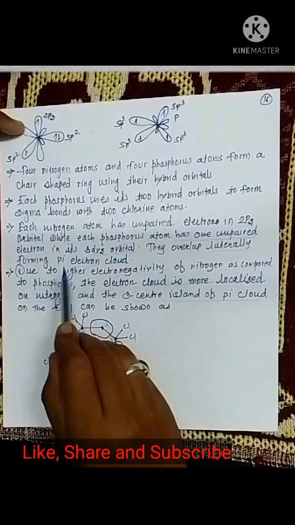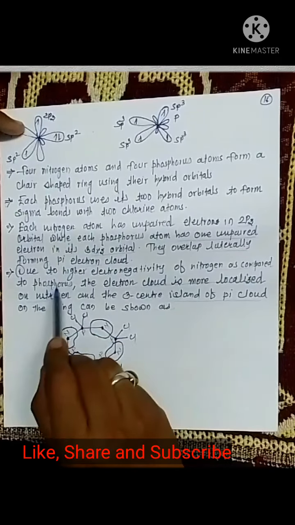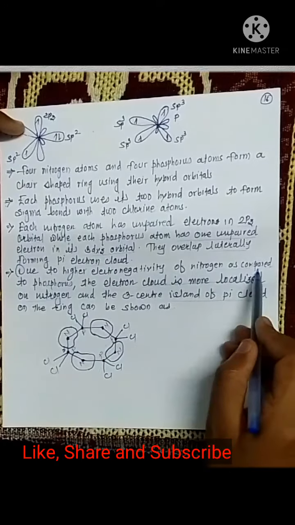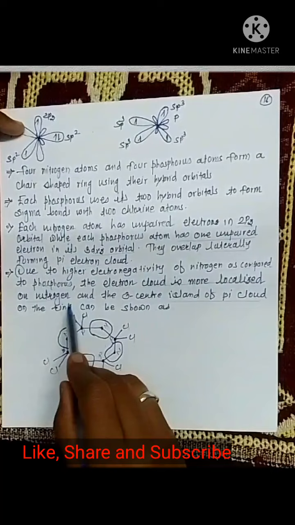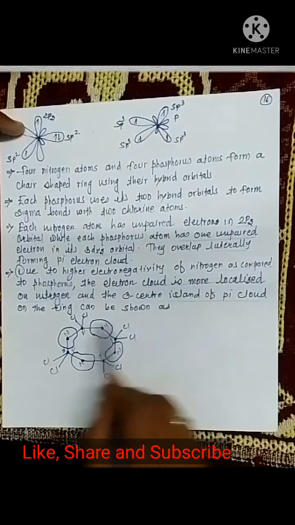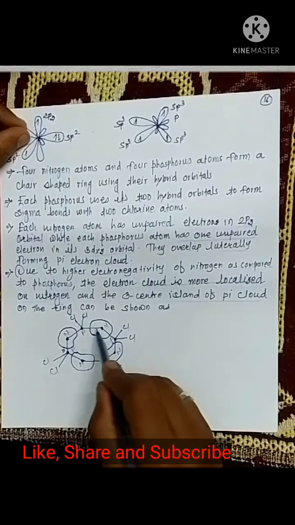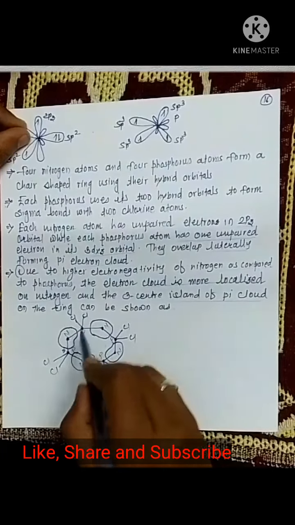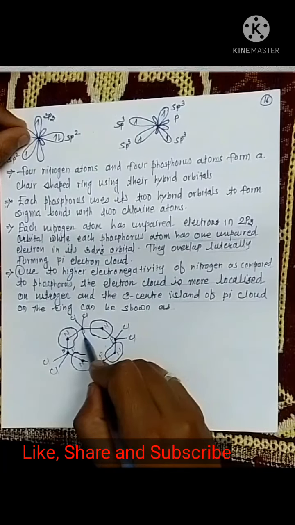We discussed this thing already. It is similar to that of the N3P3Cl6 unit. Due to the higher electronegativity of nitrogen as compared to phosphorus, the electron cloud is more localized on the nitrogen, and the 3-center island of pi cloud on the ring can be shown as follows. So just see here, this is the octagonal ring. The point which is joined with two chlorine atoms basically denotes the phosphorus atom.